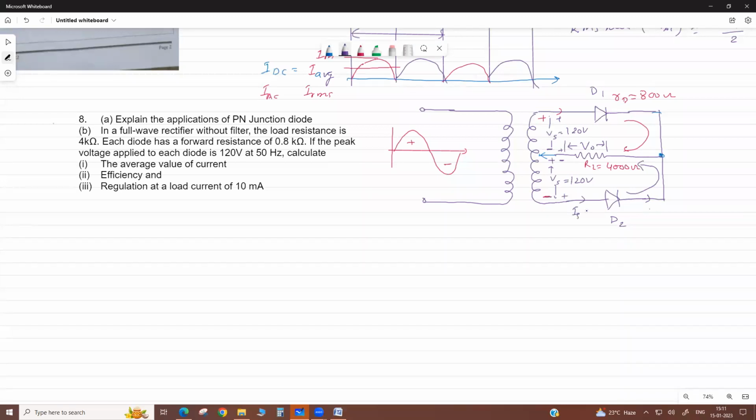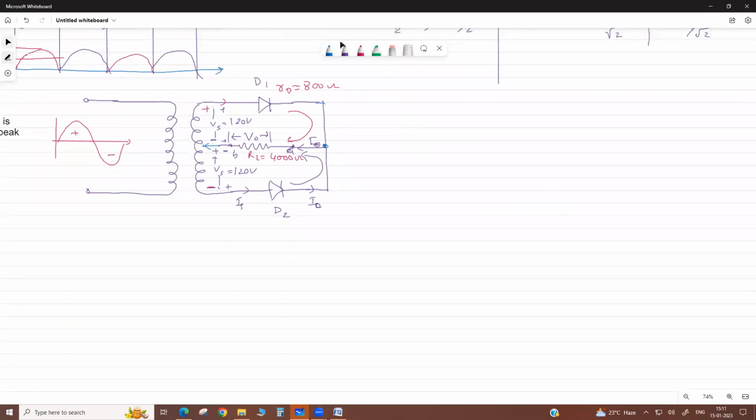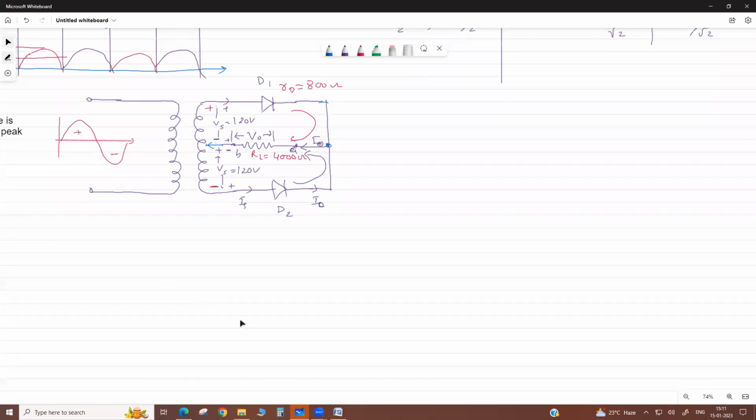Your supply current and load current. This is the load, meaning output current here. So the load current always flows through this, from point A to point B, unidirectional.